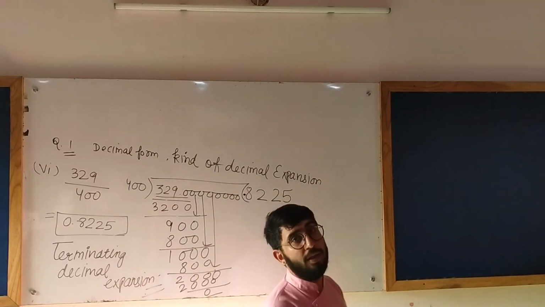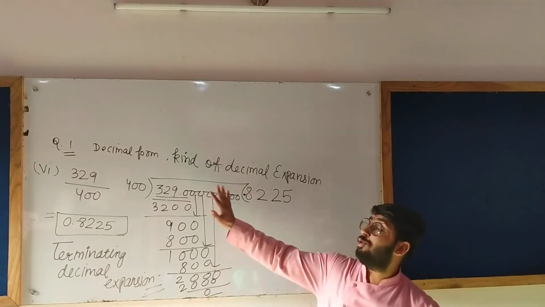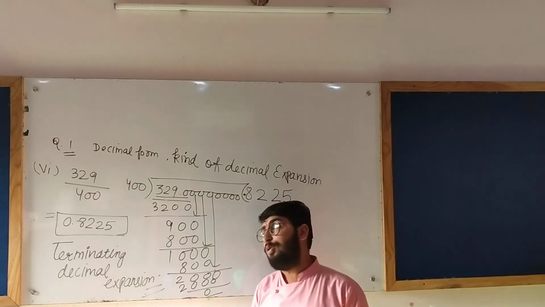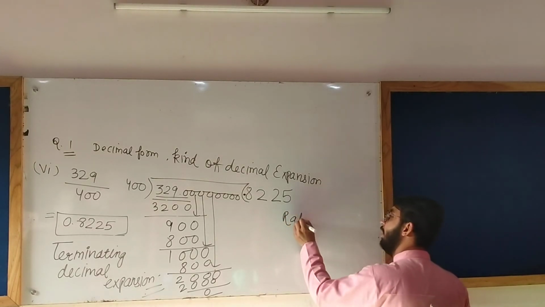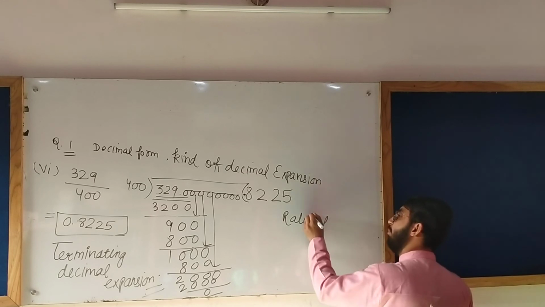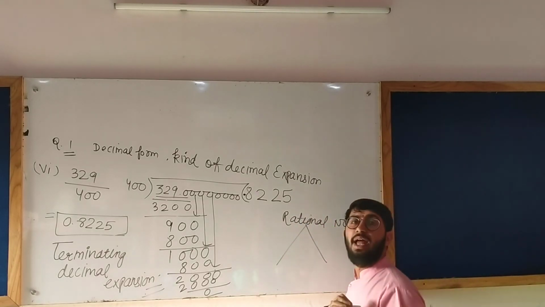Okay, with this part the question is over. Let me tell you one thing, what this question makes us understand. This question makes us understand that a rational number in the form p by q has two types of decimal expansion.